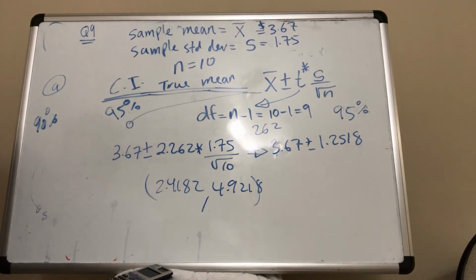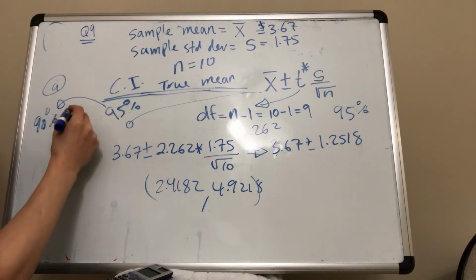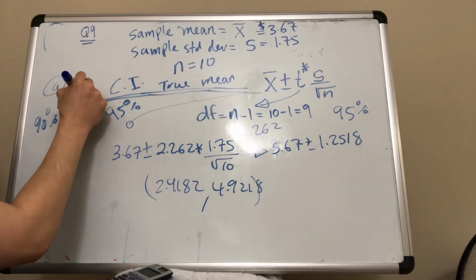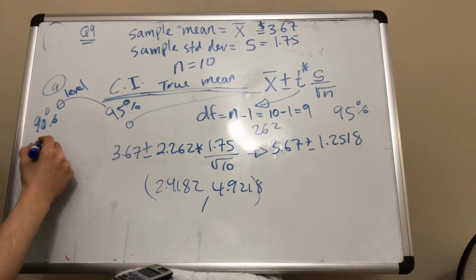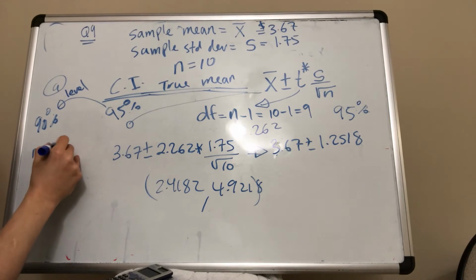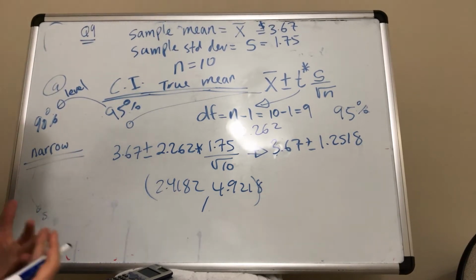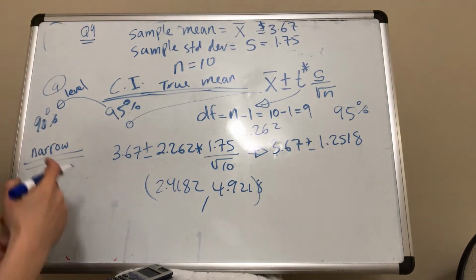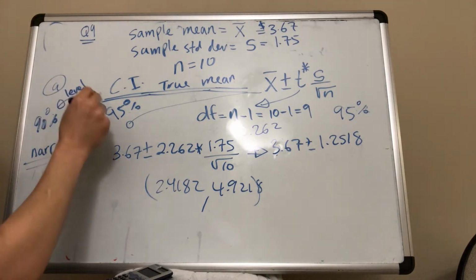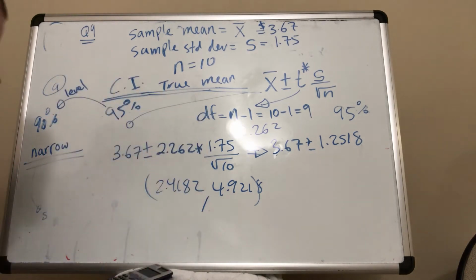Anytime the confidence level becomes less, that means the interval is becoming narrower. So the higher the level, the wider it is.